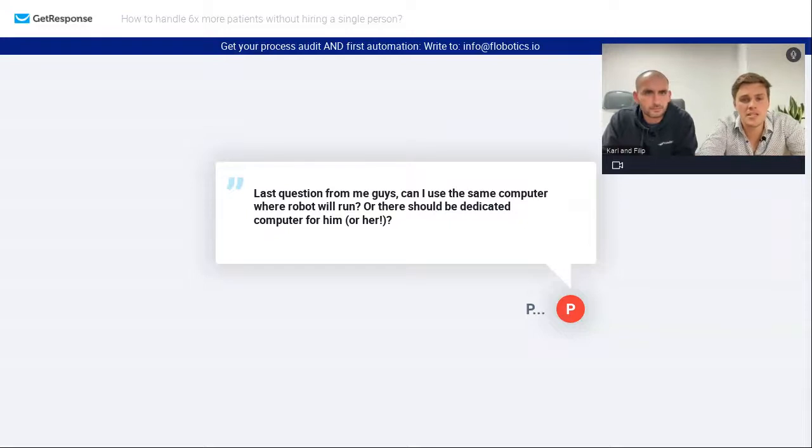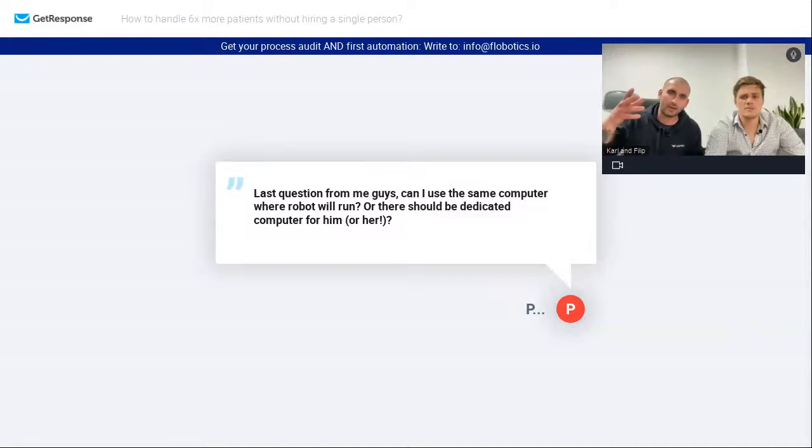Last question for me, guys. Can I use the same computer where the robot will run, or should there be a dedicated computer for him or her? I like that robots are called him or her. Without getting too technical, both are possible, but it's always preferred to run robots on their own environment, so we can control that environment.